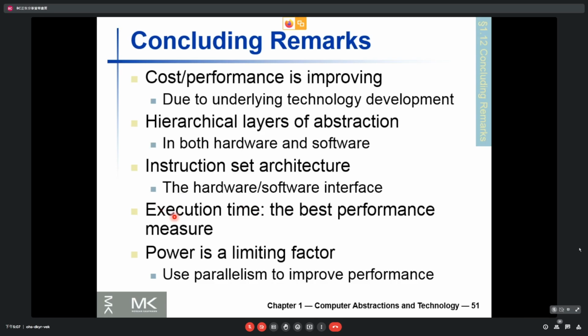And the performance in this class, only in this class, 在我们这课里面, we use execution time to represent the performance. Okay, so power is a limiting factor. You cannot just use as much power as you want.